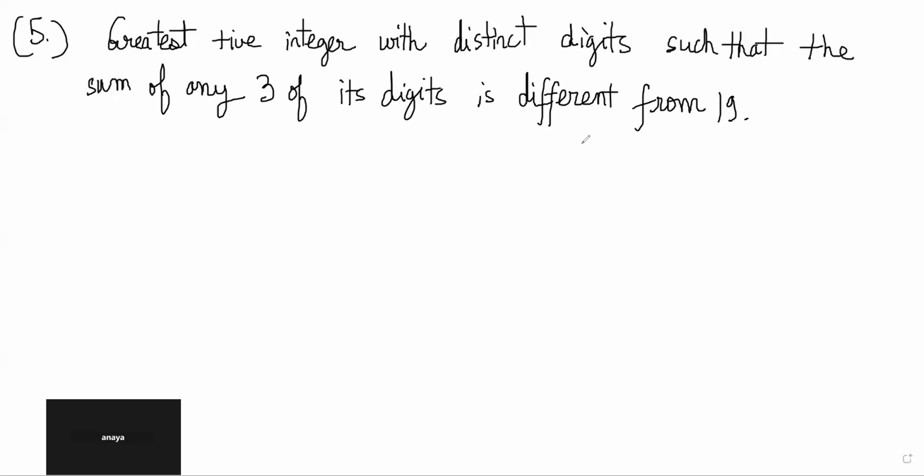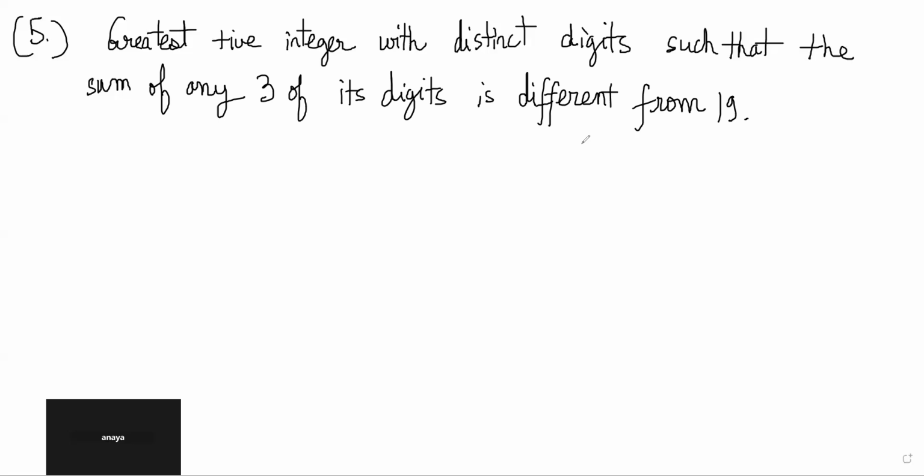But the number of digits you have chosen is six only, right? Yeah, but you can't repeat digits either. So why can't it be nine digits or eight digits? Because then you're going to be able to choose three digits that have a sum of 19.